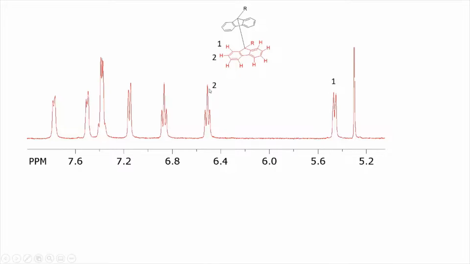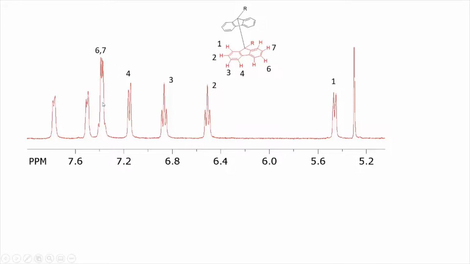But you can ask why it is not 2, because it also has two neighbors and is a triplet. That's what we can determine through the COSY NMR. I will explain. So this is number 3, and next is number 4. Again, number 4 proton has one neighboring proton, so it is a doublet. And then numbers 6 and 7 will be like this.